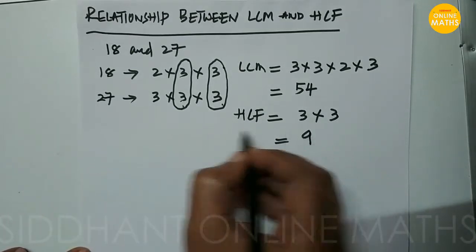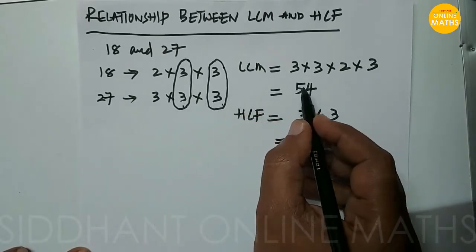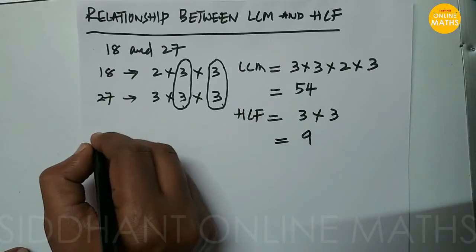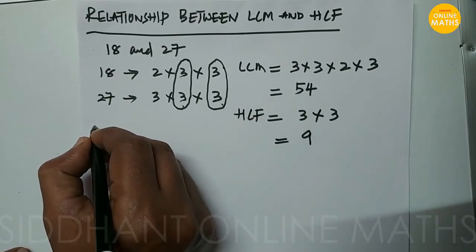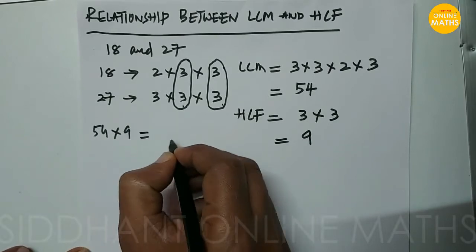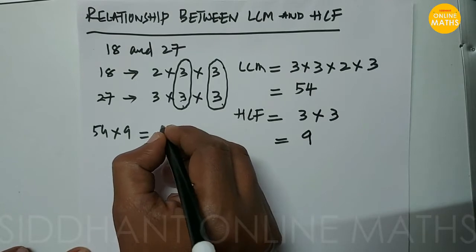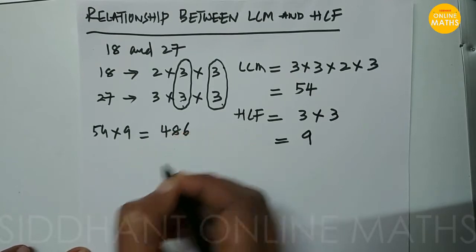Now we are going to observe the product of the numbers and the product of the LCM and HCF. When you multiply 54 into 9, we get the number 486.